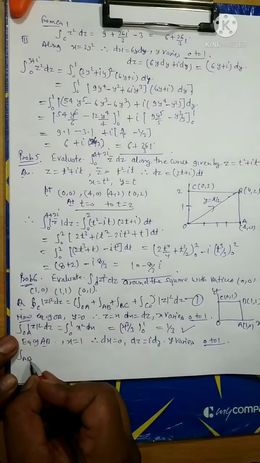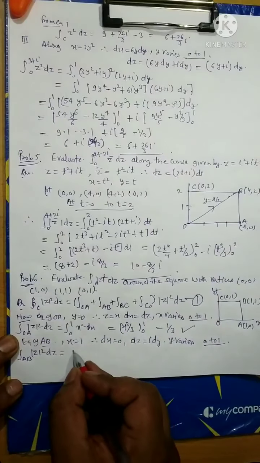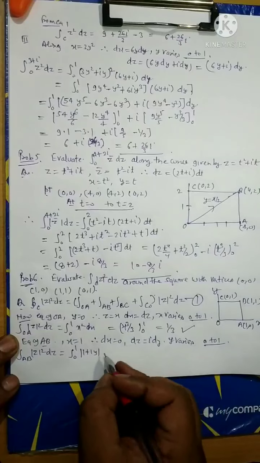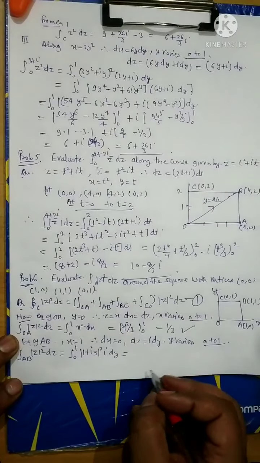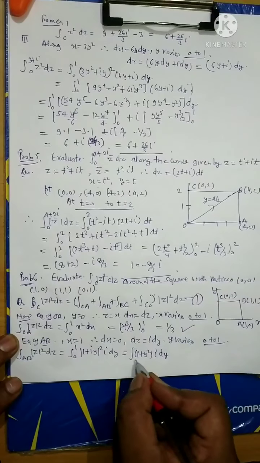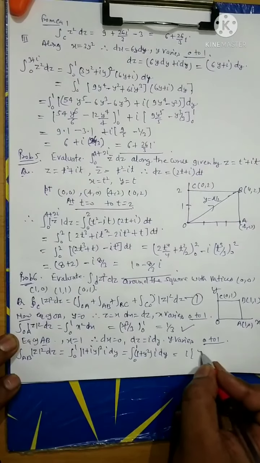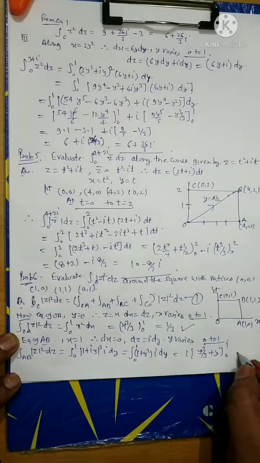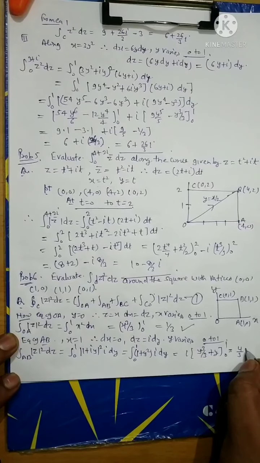Therefore integration over AB z modulus square dz is equal to integral 0 to 1, modulus of 1 plus iy squared, i dy, this is equal to 1 plus y square i dy, integral limit 0 to 1, this is equal to i, y cube upon 3 plus y, limit 0 to 1, this is equal to 4 by 3 i.